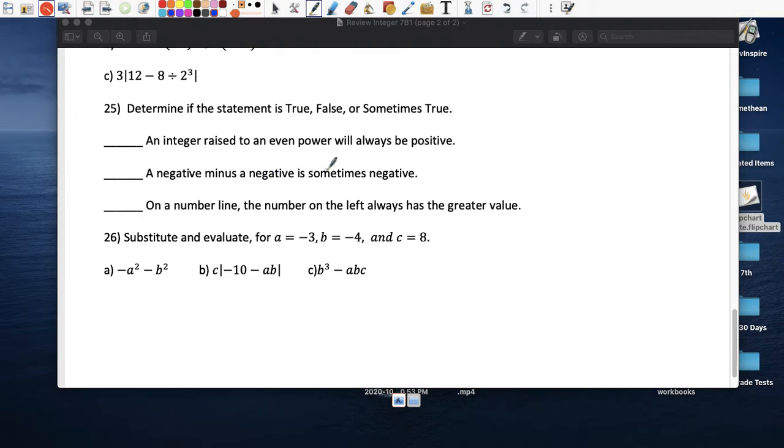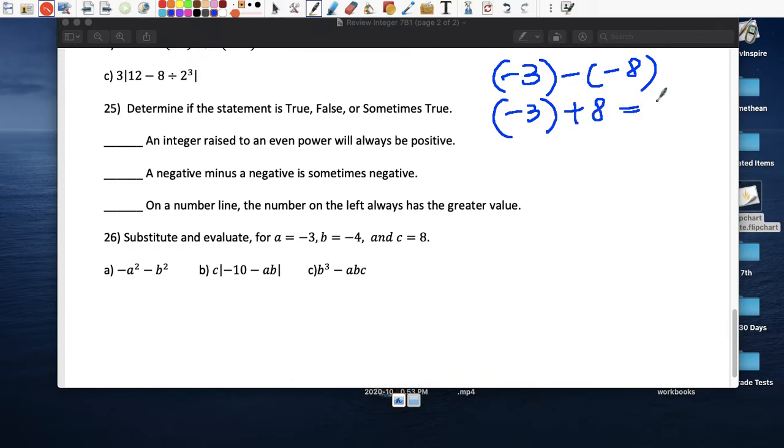A negative minus a negative is sometimes positive. Let's do it. Negative 3 minus a negative 8 becomes negative 3 plus 8, and my answer is 5. Let's pick a different negative, negative 3 minus negative 1, so I get negative 3 plus 1.